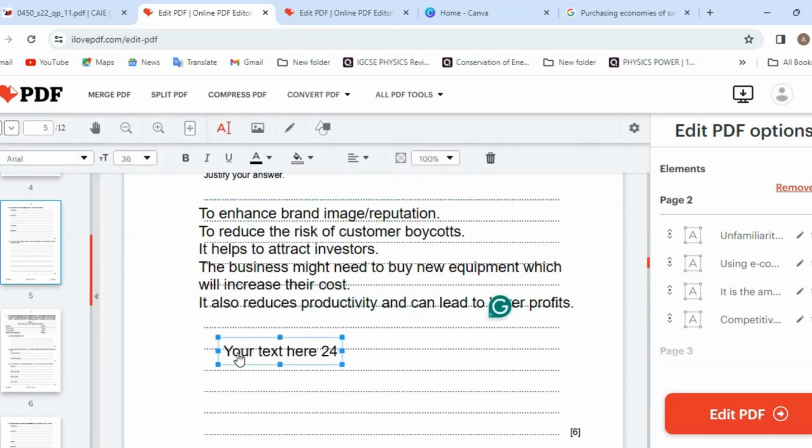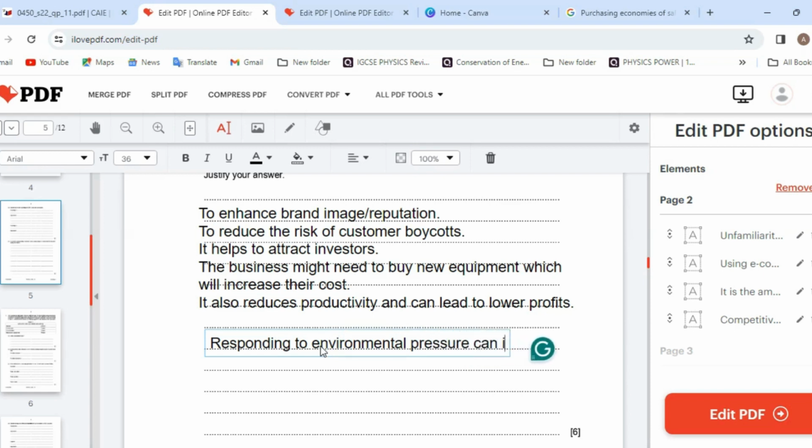Okay, let's bring this down a little bit. Let's say responding to environmental failure. Of course, as you can see, it can improve the reputation of the business.